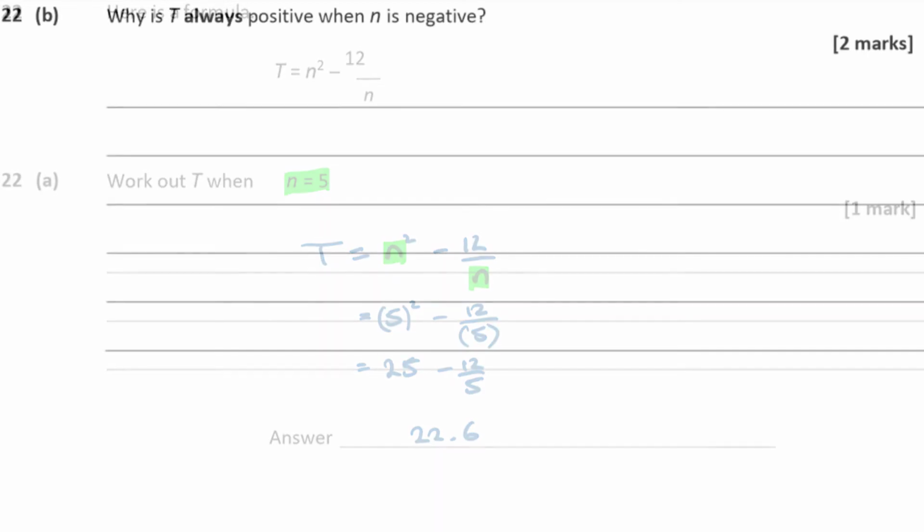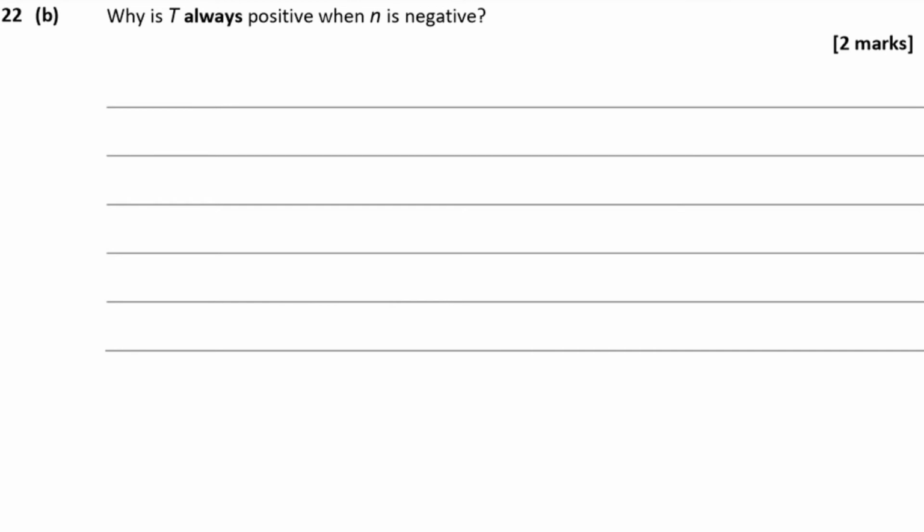Okay. Part B says, why is t always positive when n is negative? Well, let's remember that t is equal to n squared minus 12 over n.